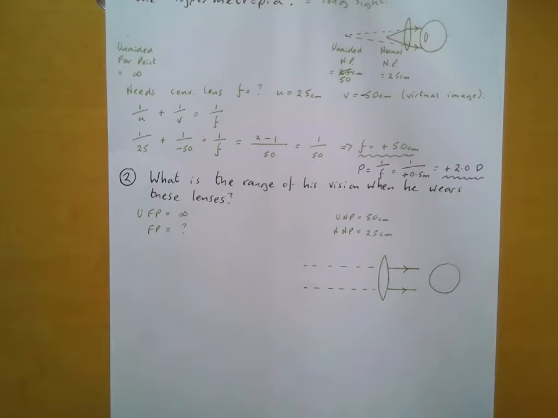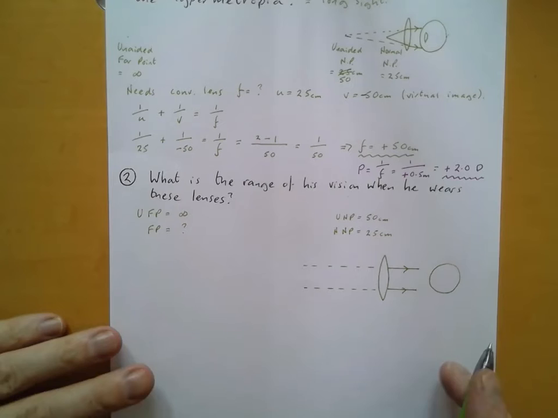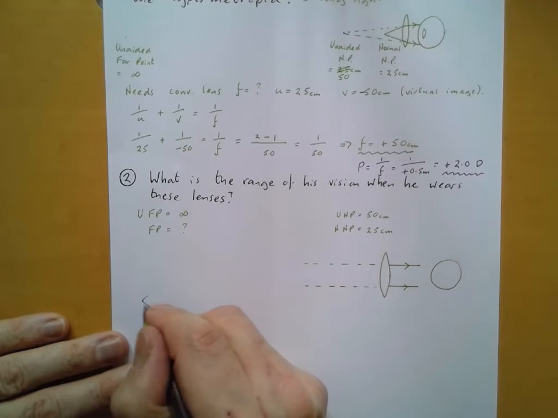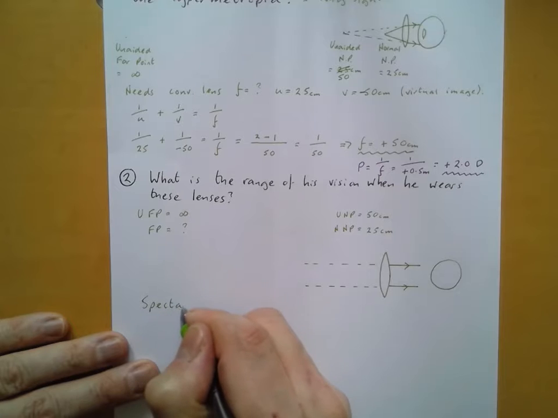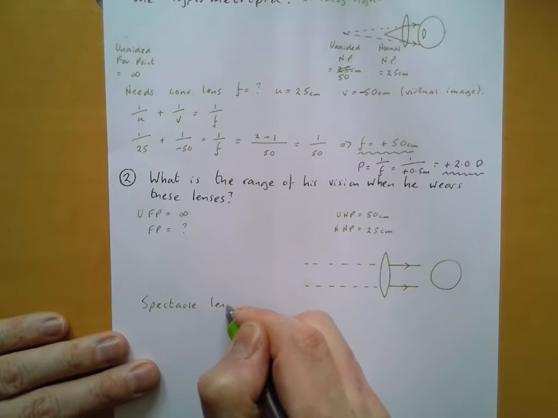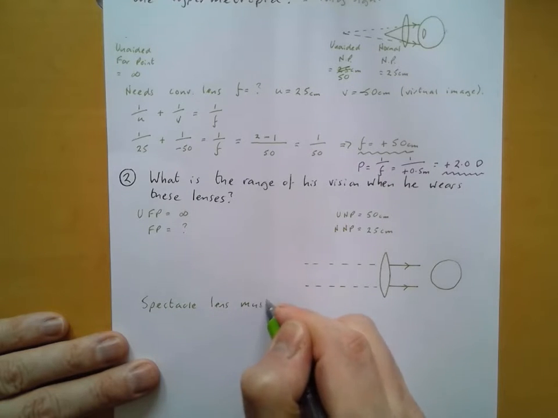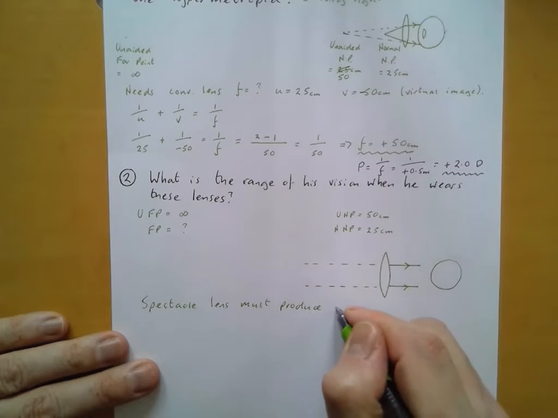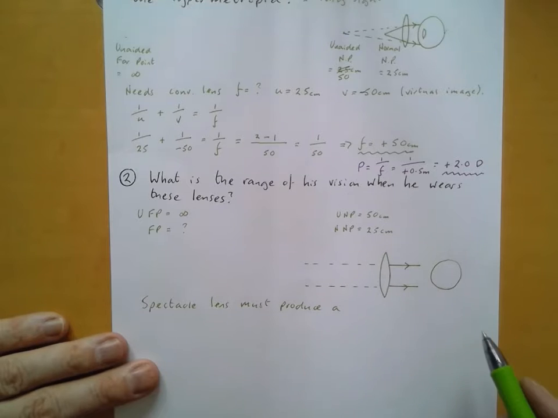So therefore, where is the object if that is the case? Well, where is there going to be a real object? I'm going to write that bit down first. So the spectacle lens must produce an image that is at infinity.